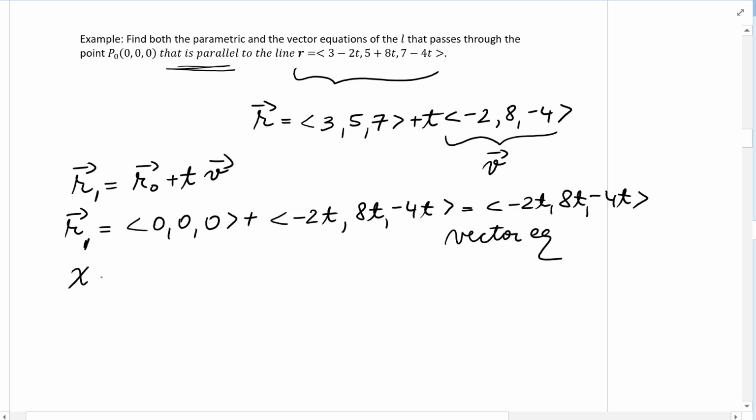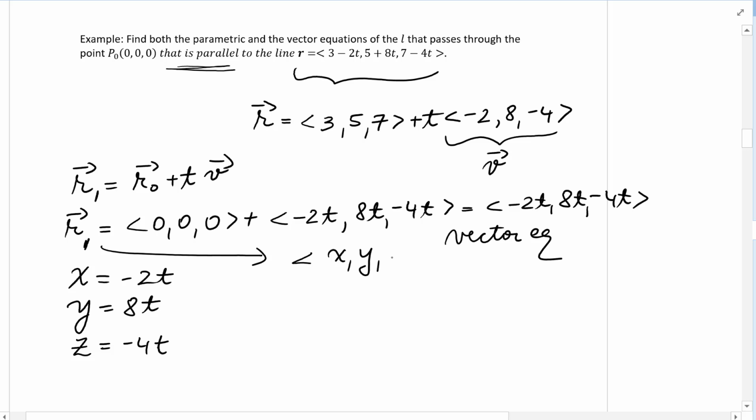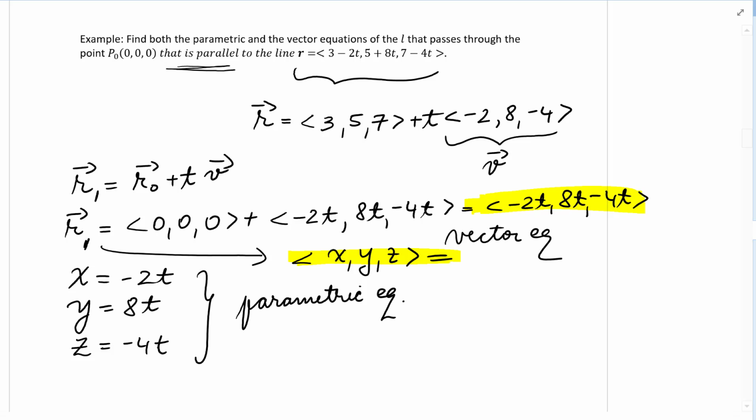And the parametric one would be x equals -2t, y equals 8t, and z equals -4t, because this r1 can be written x, y, z, and we just equated with this. So if we equate each position, we get the parametric equation of the line L that passes through the point P0.